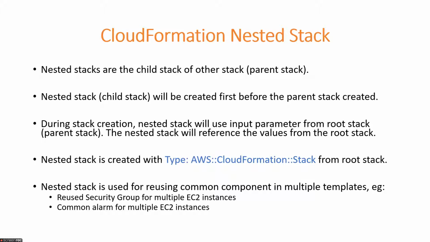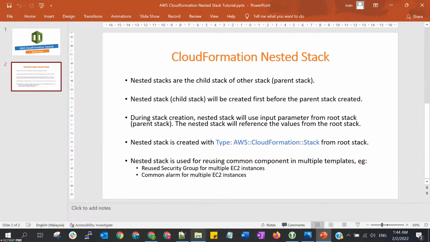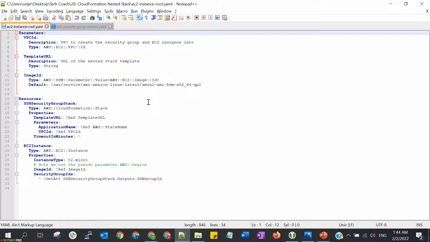I will use a nested stack for a security group, and this nested security group stack will be used for creating the EC2 instance. Okay, now I already have a sample CloudFormation template, and this EC2 instance is my parent stack, or the root stack.